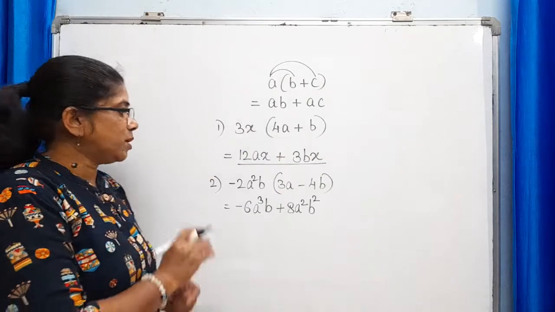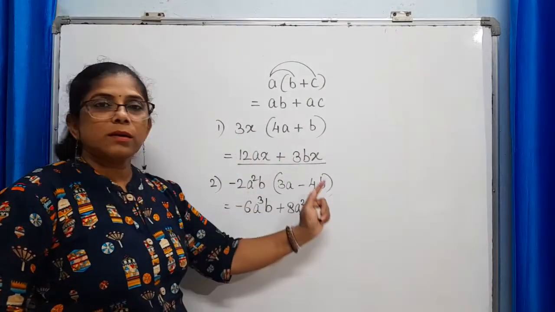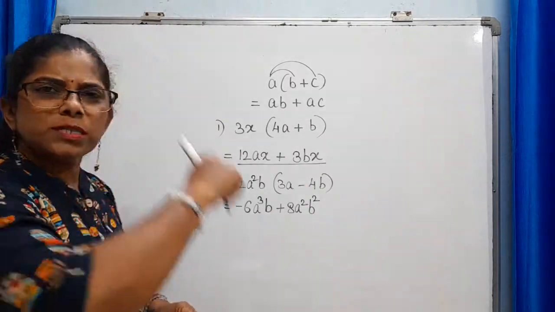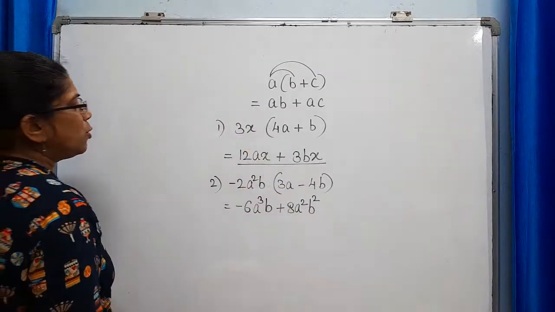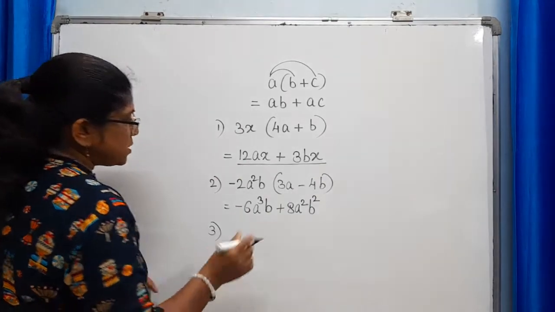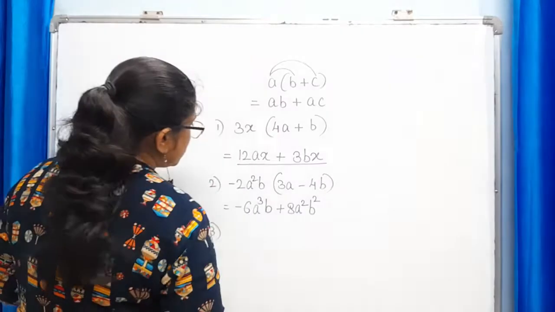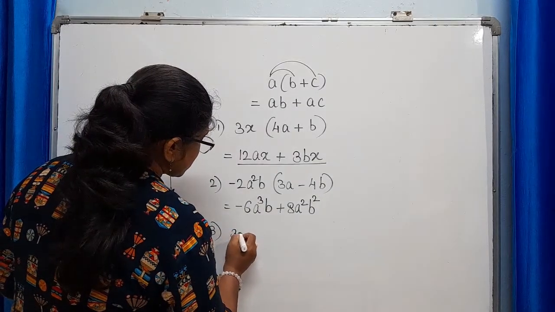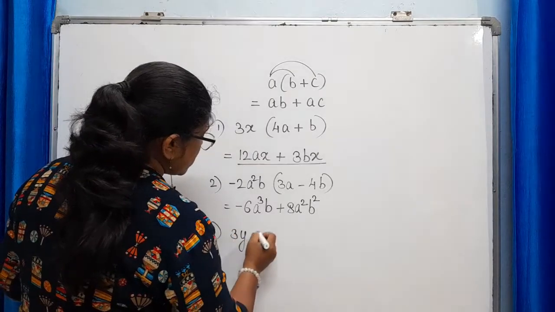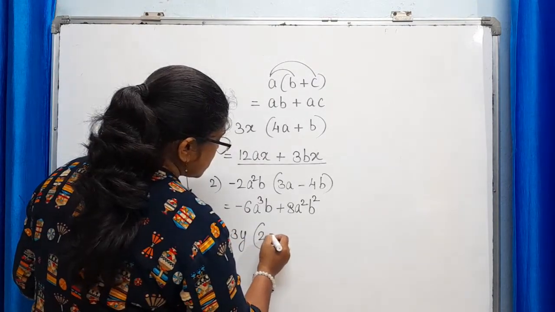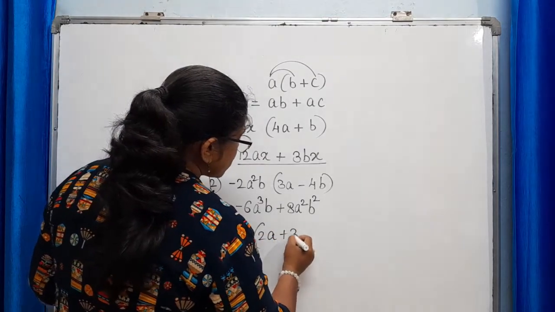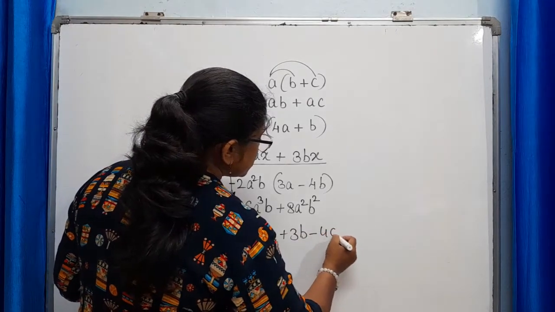So this is how we multiply monomial and binomial. Same rule is applicable for monomial into trinomial, means outside we have one term. Let's say 3y into (2a plus 3b minus 4c).